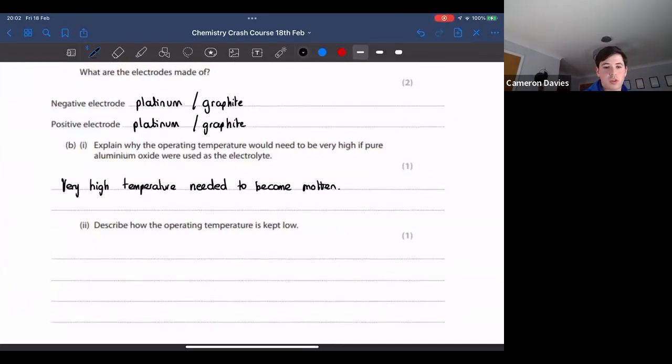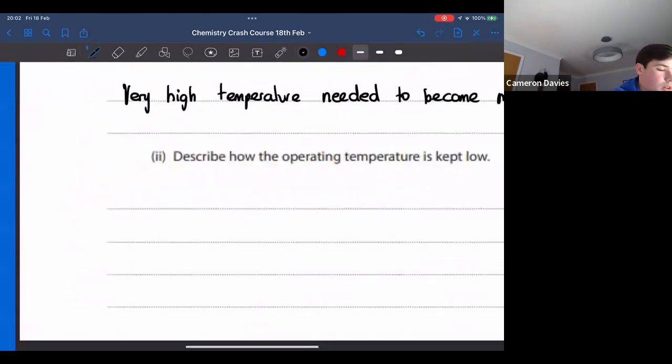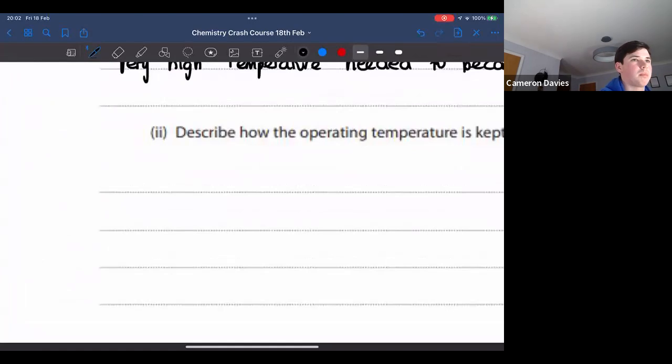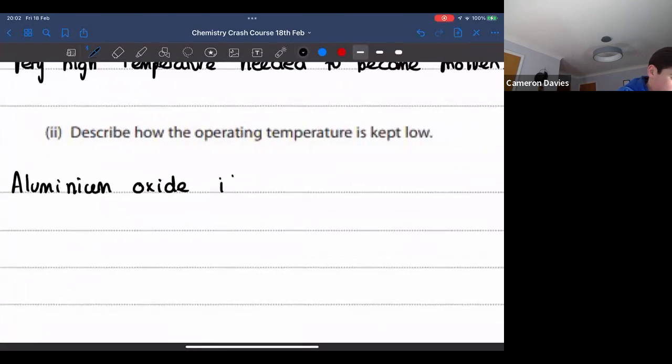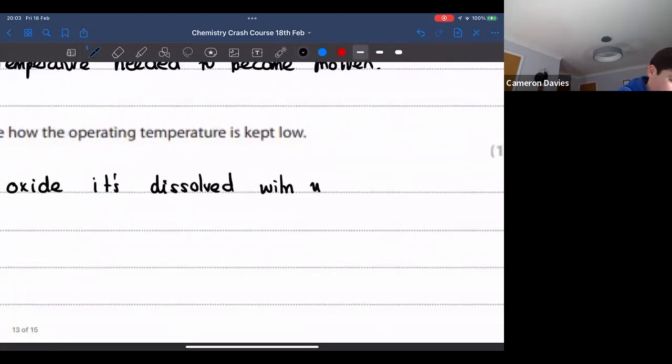Once we've got this very high temperature, once we have this molten aluminium oxide, once it becomes molten, it's dissolved with water.